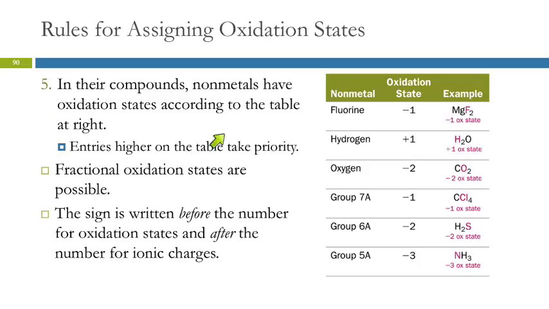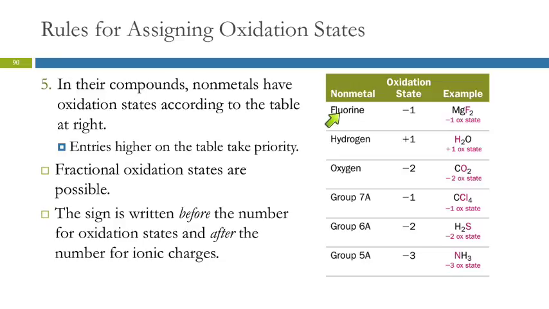Nonmetals. So we have a list of rules here, and these also go in order. It's a list of rules within a list of rules. Isn't that lovely? So this is basically an order of priority. Fluorine gets what it wants first. So fluorine gets what it wants, then hydrogen, then oxygen, then we go to group 7A, nonmetals, group 6A, group 5A. So fluorine, well, if it was an ion, what charge would it have? -1.